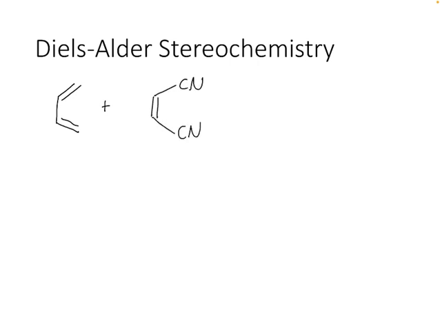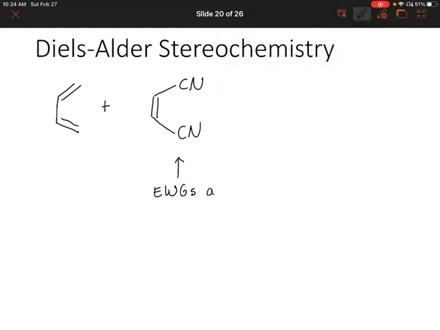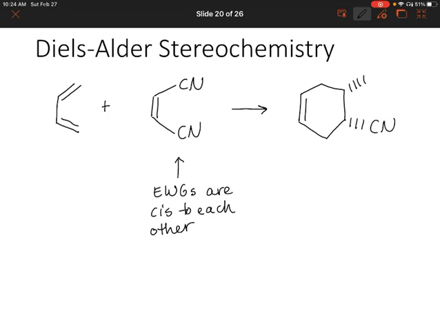Those were our electron withdrawing groups. We said that the electron withdrawing groups were cis to each other, and in the product they would also still be cis to each other. That has to do with how the two molecules interact with each other.